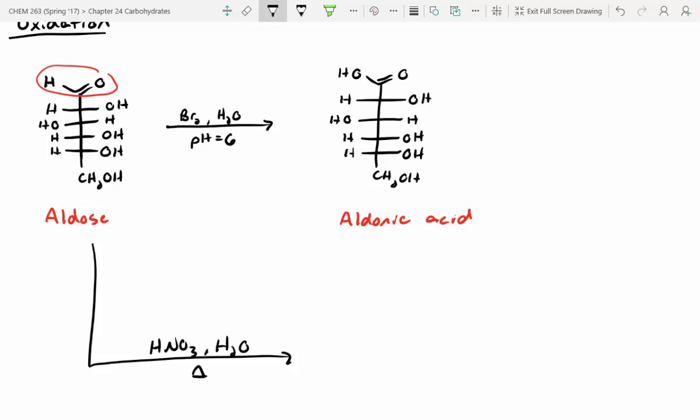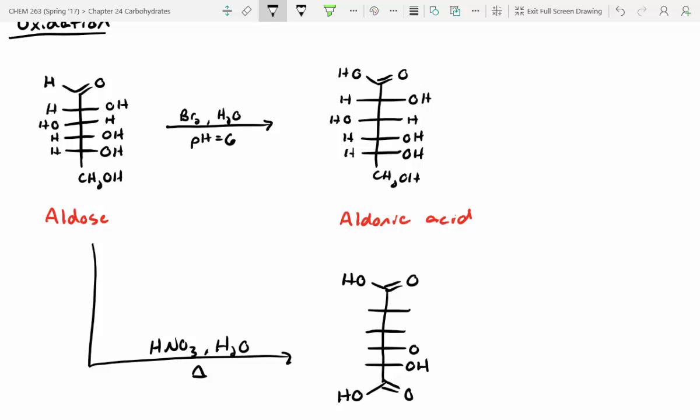In this one, we're actually going to convert an aldose into an aldaric acid. So we still oxidize this uppermost carbon. The interior stereocenters, again, are going to remain untouched. But that lower alcohol will get converted to a carboxylic acid as well.